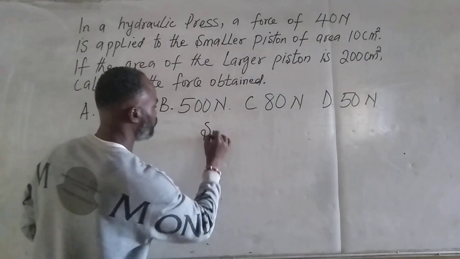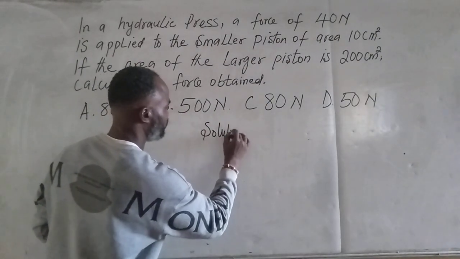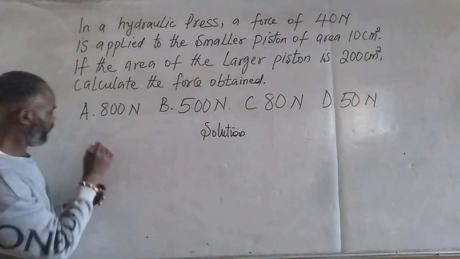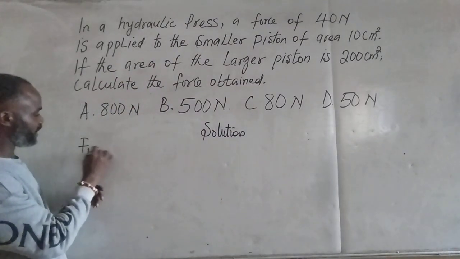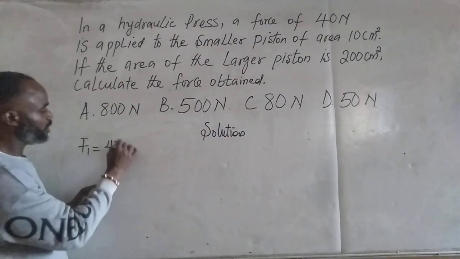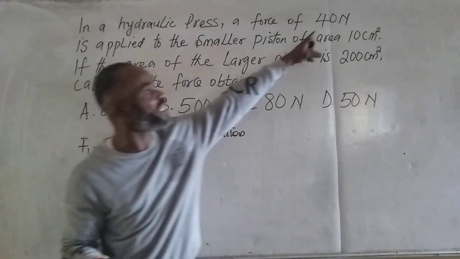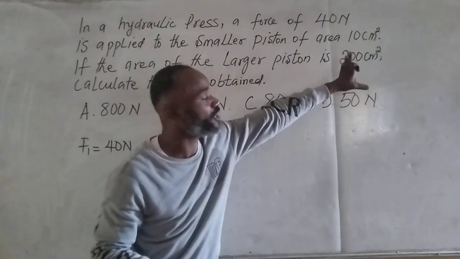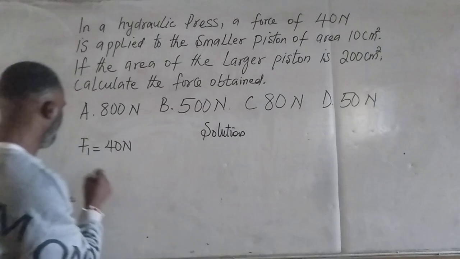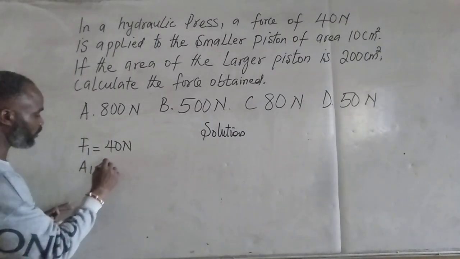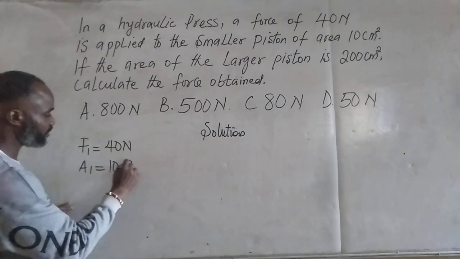Quickly, we write the solution. The first one, F1 is equal to 40 Newton. That's the first force applied over a certain amount of area, A1. A1 is equal to 10 cm squared.